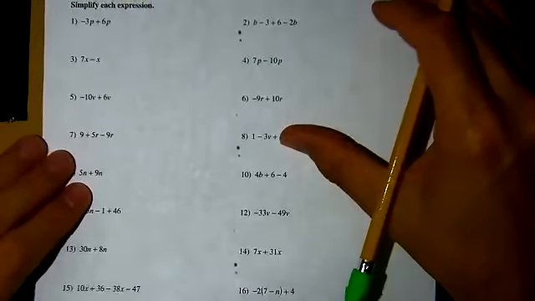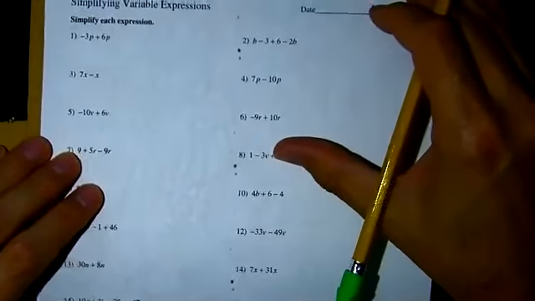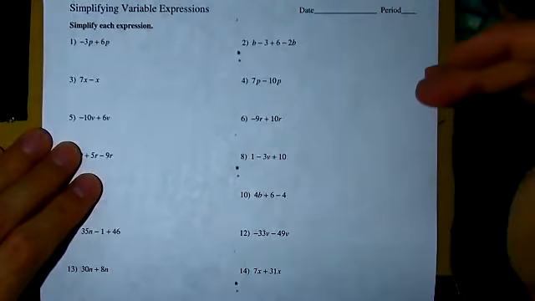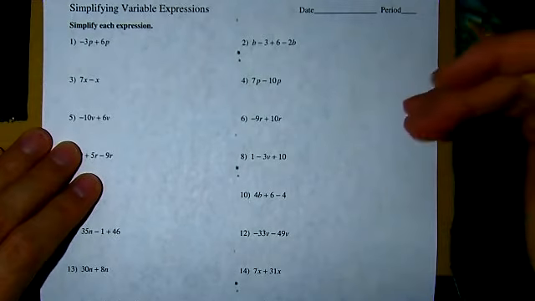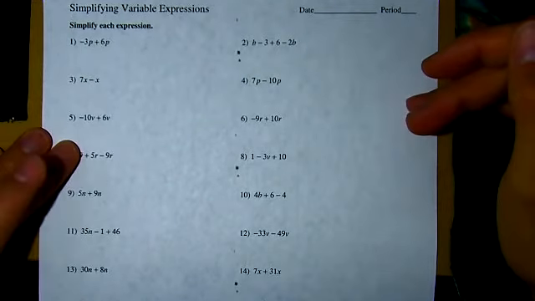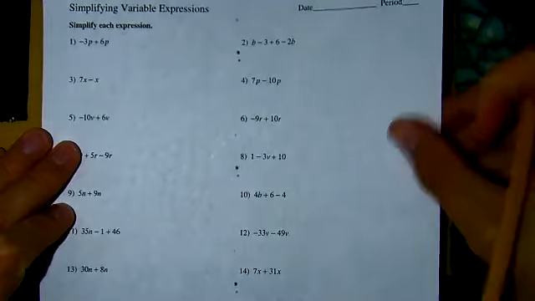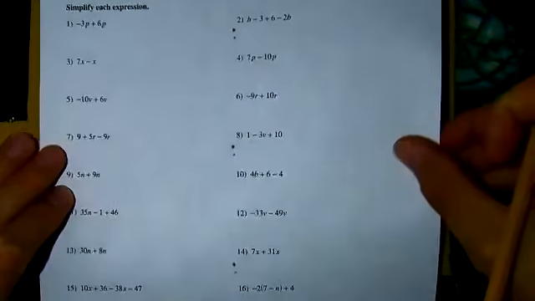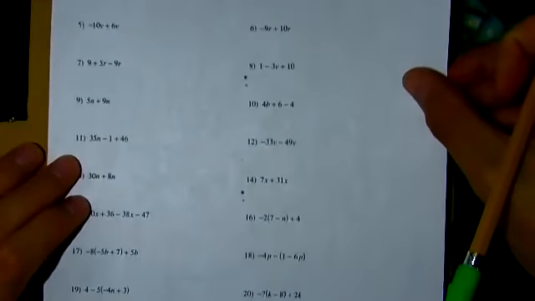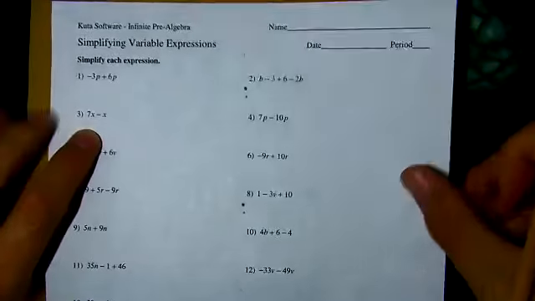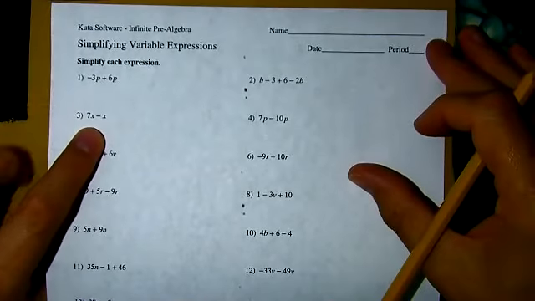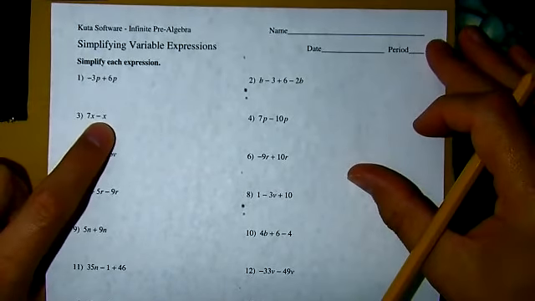This one gets a little bit more complicated. So this is where you start adding, subtracting, and multiplying. I didn't put any dividing in here yet. It's just multiplying. So we're going to skip all these beginning ones because that's just like that first page that we went over. There is one thing that I forgot to tell you. So look at number 3, 7x minus x.